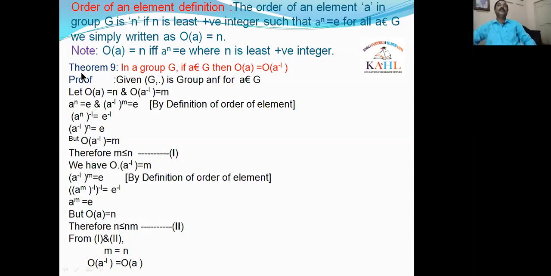Now we are going to theorem number 9. In a group G, if a belongs to G, then order of a is equal to order of a inverse. It means we have to prove that order of a is equal to order of a inverse.